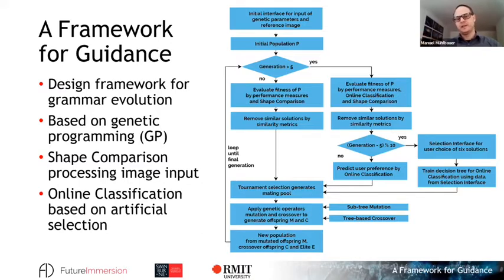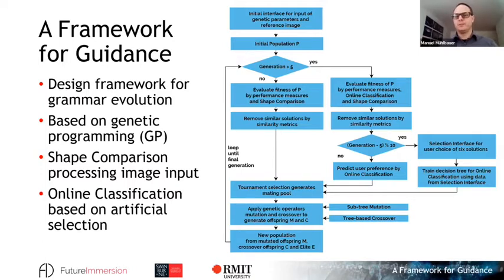You can see on the flow chart to the left the GP process, which is there extended by a shape comparison during the first couple of generations to already give the search direction in this automated phase when the designer doesn't have additional artificial selection input, so that the designer can start evaluating already from an advanced position.